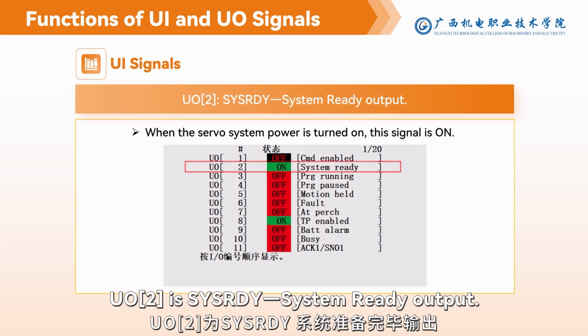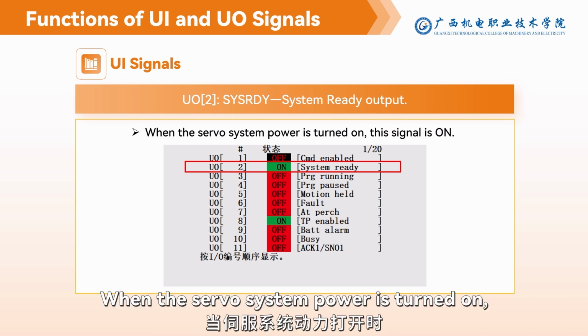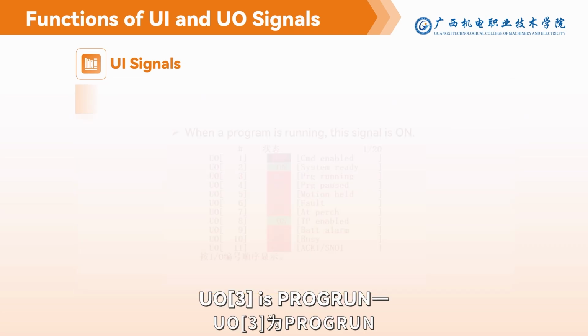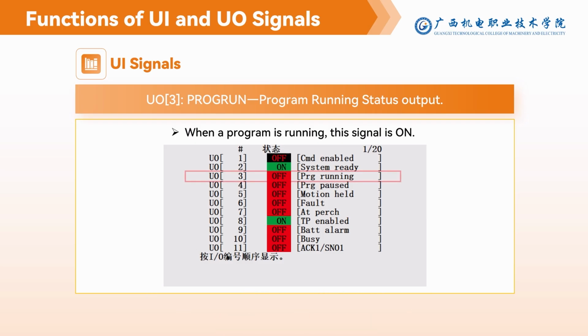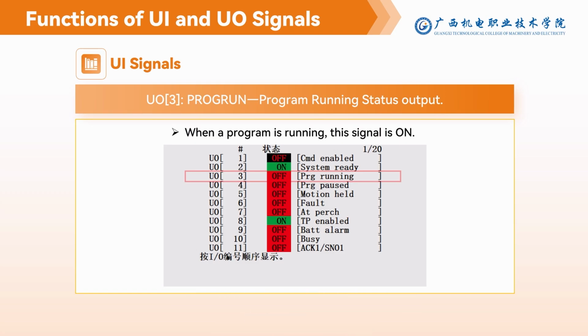UO2 is SYS RDY, the System Ready output. When the servo system power is turned on, this signal is on. UO3 is PROG RUN, the Program Running Status output. When a program is running, this signal is on.